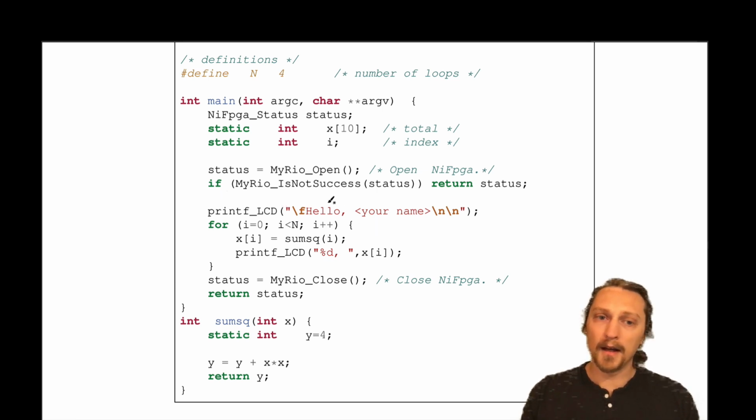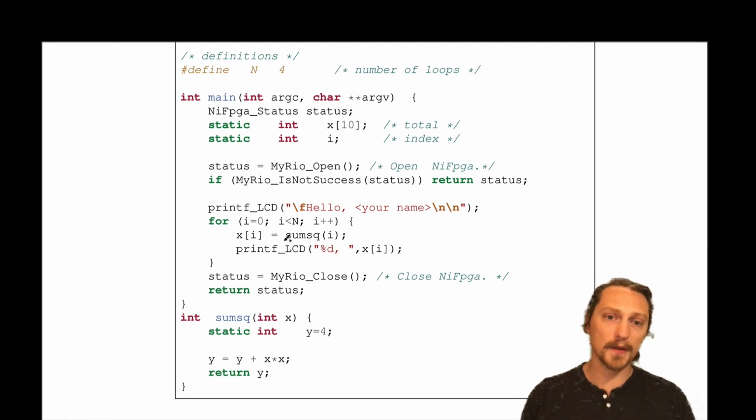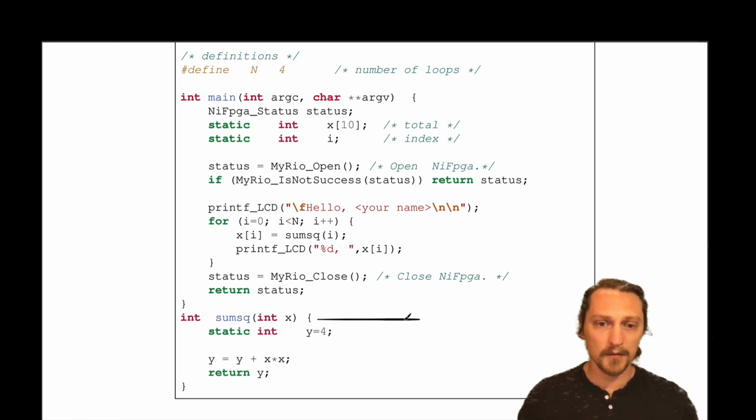And then print to the LCD. So in the lab, the LCD screen should show hello, and then you should put in your name here. And then it's going to print to the LCD screen these values of the sum square function, which is just below the main function.